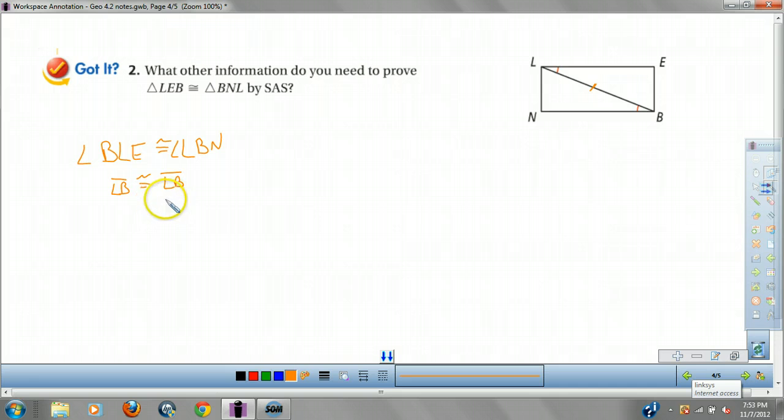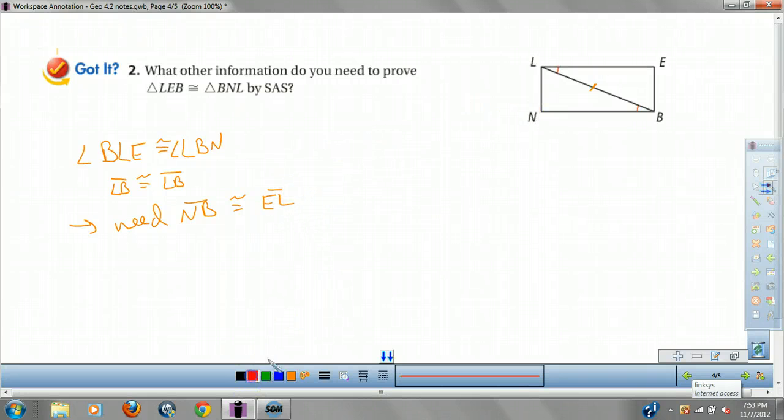So what else do we need? Well, could we say LN is congruent to EB? No, because you don't know the angle. What we need is NB to be congruent to, where do I go, EL.